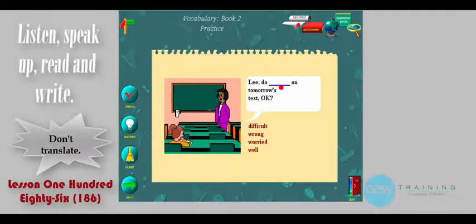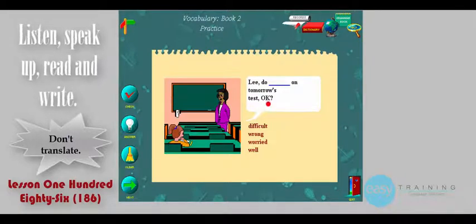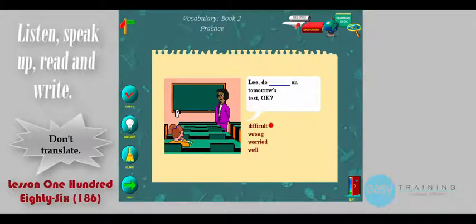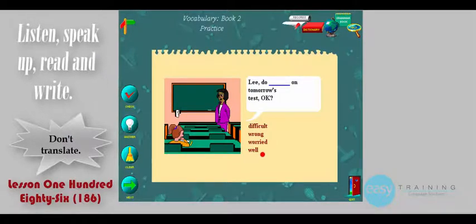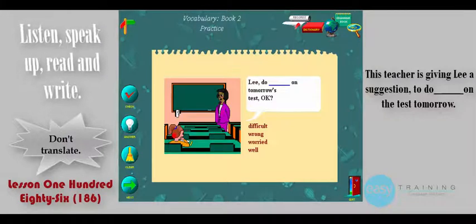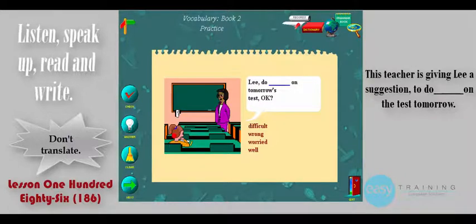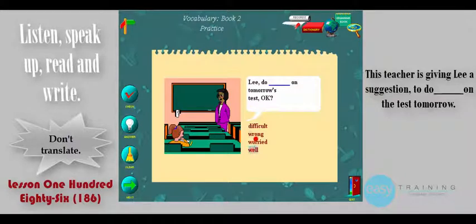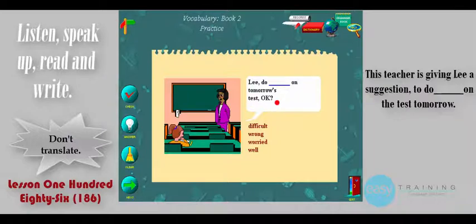Lee, do blank on tomorrow's test. Okay? Lee, do what? Do difficulty? Do wrong? Do worried? Or do well? Well, this teacher is giving Lee a suggestion to do one of these 4 words on the test tomorrow.